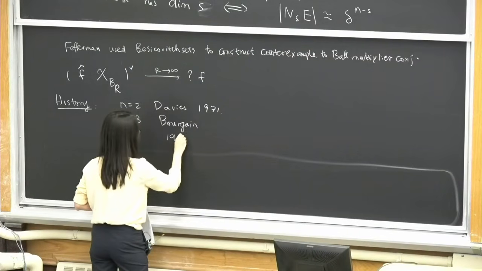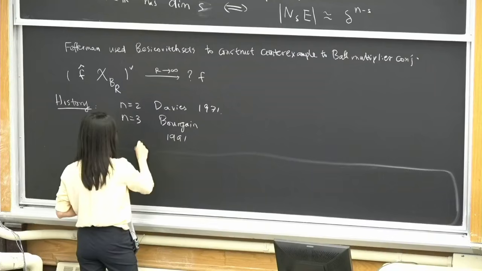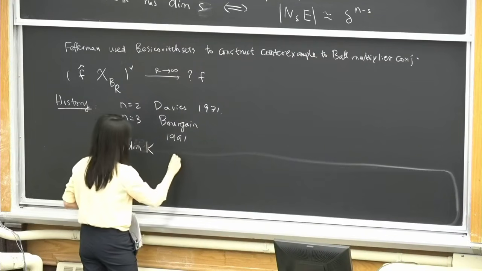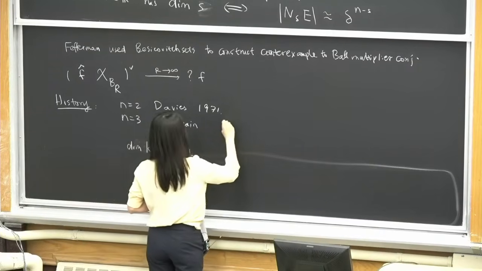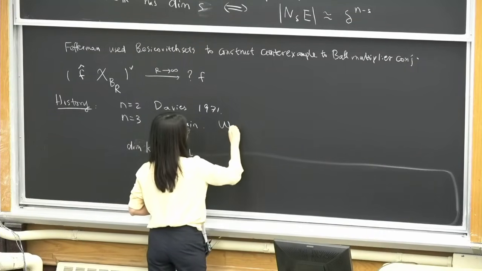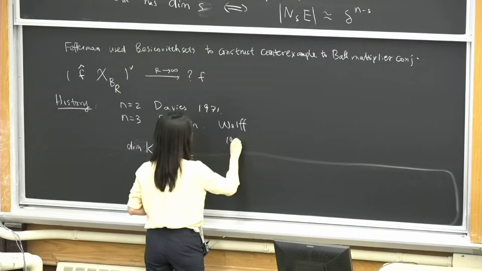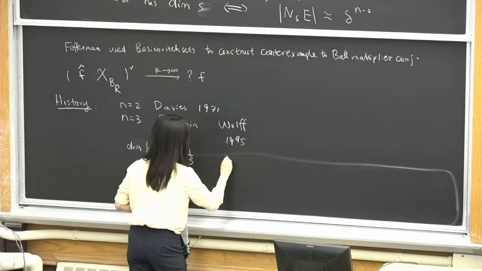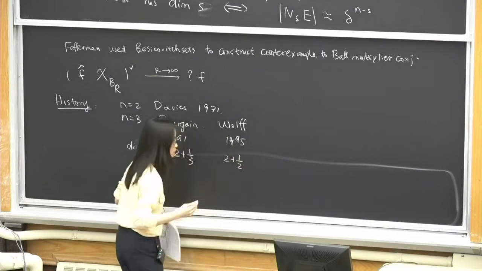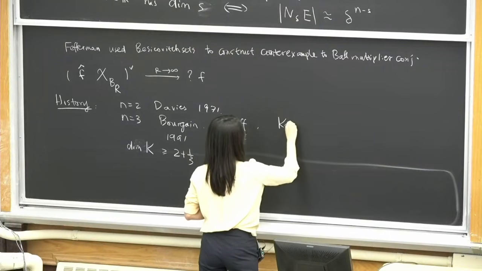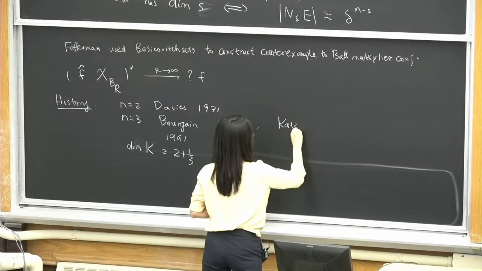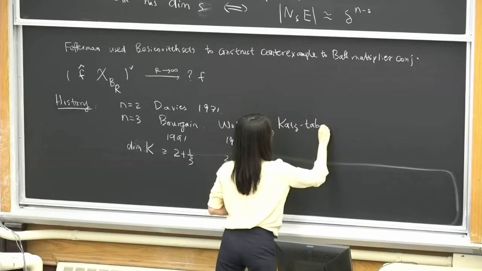Bourgain proved in 1991 that the Hausdorff dimension of a Kakeya set should be greater than or equal to 2 plus 1/3. And Tom Wolff proved in 1995 that the Hausdorff dimension should be greater than or equal to 2 plus 1/2. And then there is a result of Katz, Łaba, and Tao.